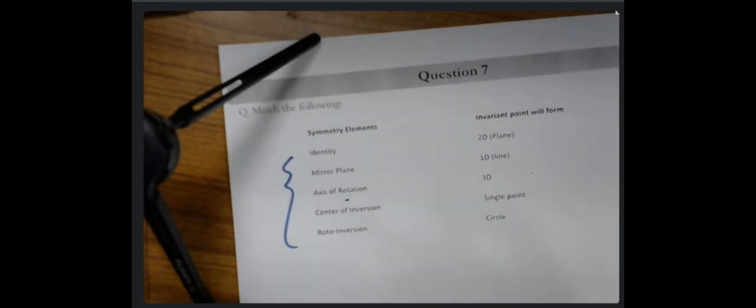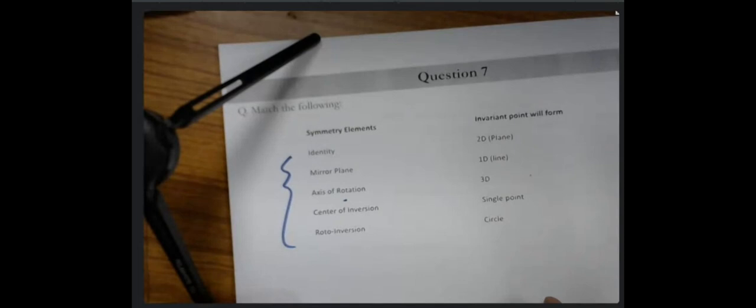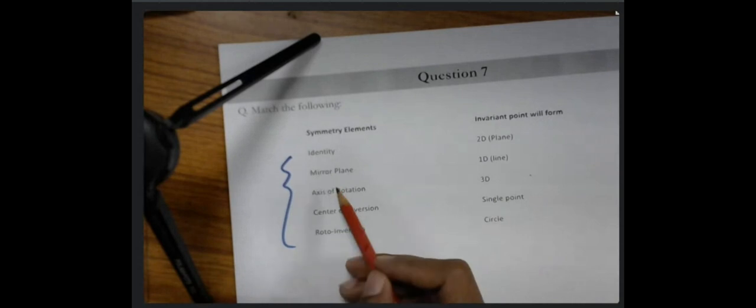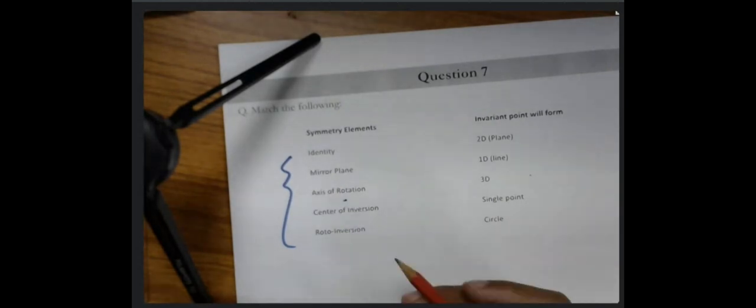We have to find the invariant point set each will form. Every symmetry element, when we talk about point groups, will leave something invariant, right? So what is it? Let's first talk about rotation.